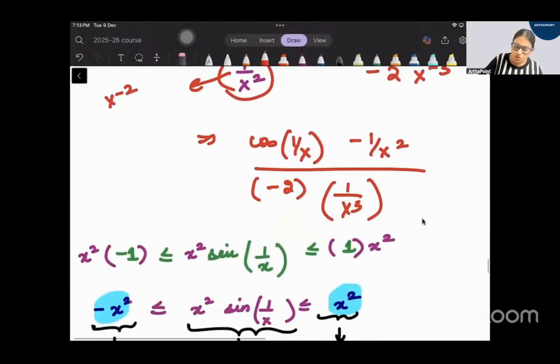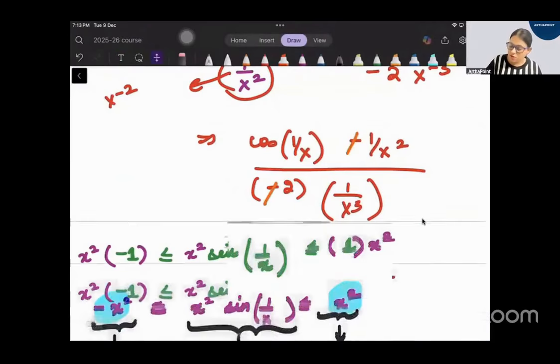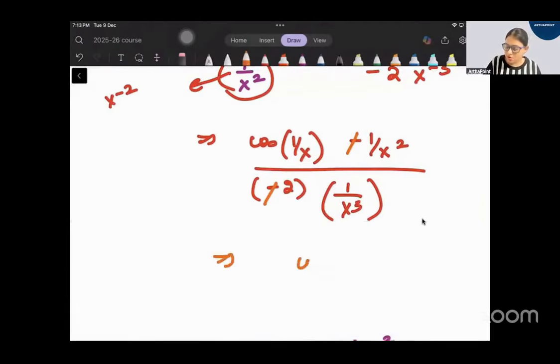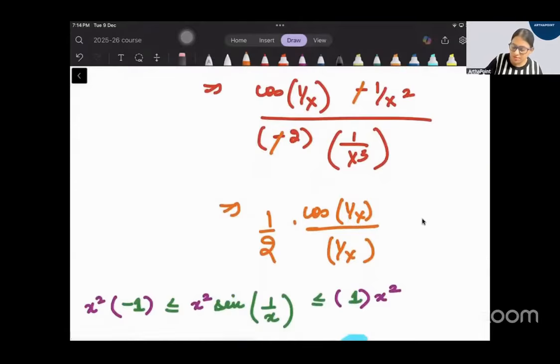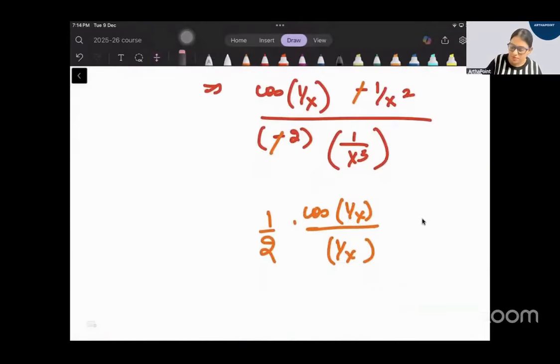Right? So this will cancel itself, and you will get cos 1 by x upon 1 by x into 1 by 2. Okay. And you can just apply limit x tends to 0 on this one.